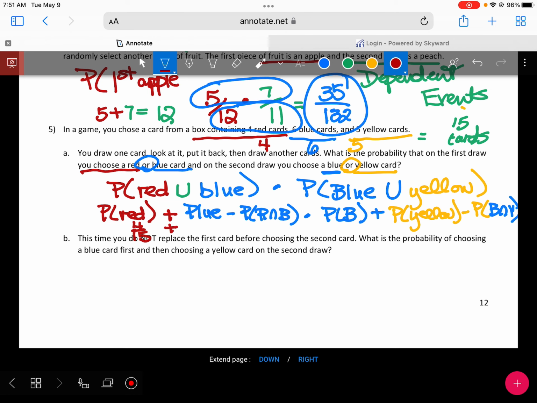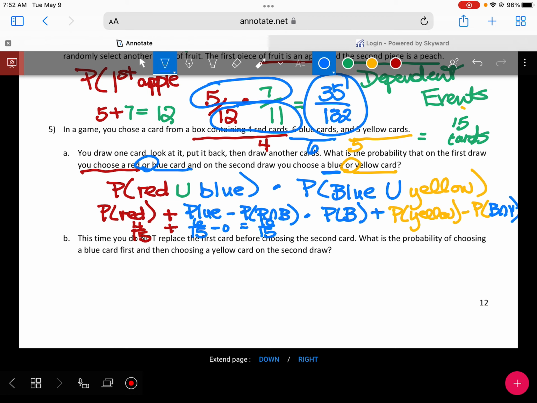Plus, what's the probability of pulling a blue card? 6 out of 15. Minus, do I have any red and blue cards at the same time? No. So that gives me a total of 10 out of 15.